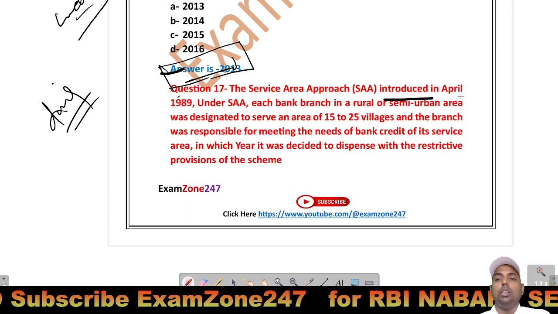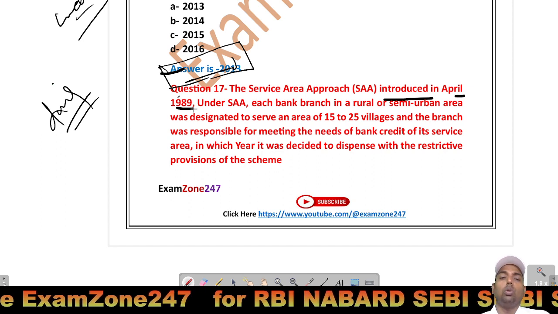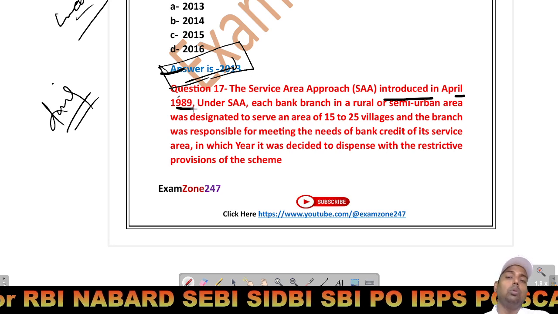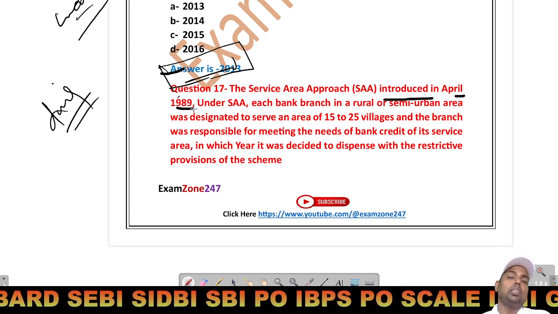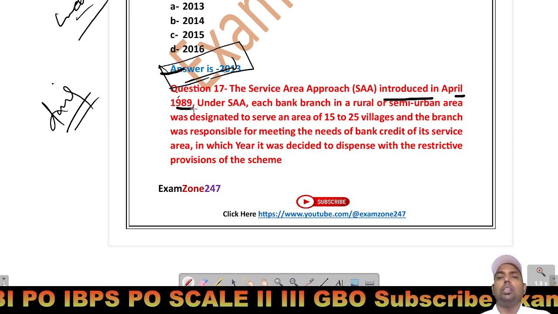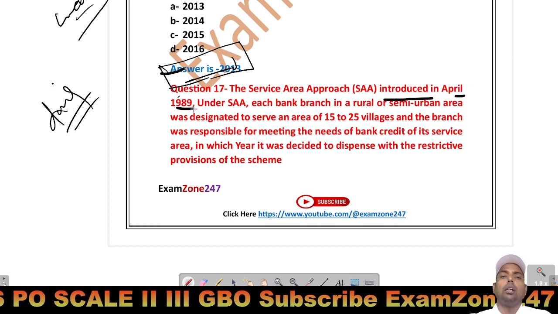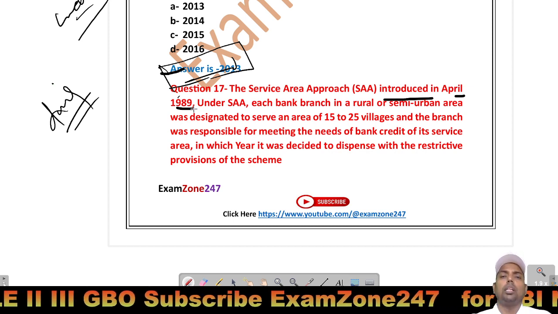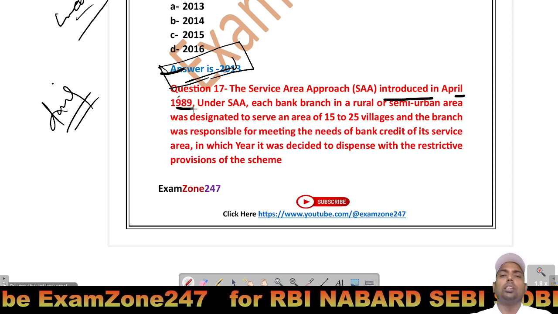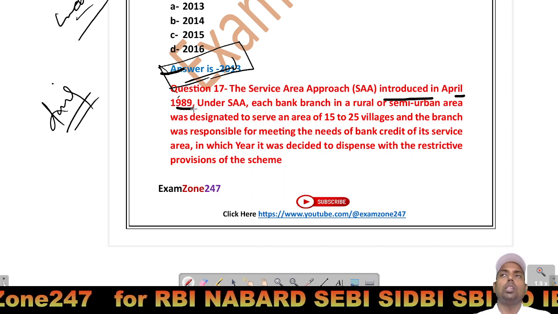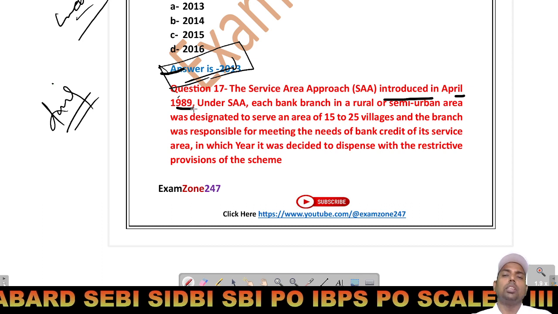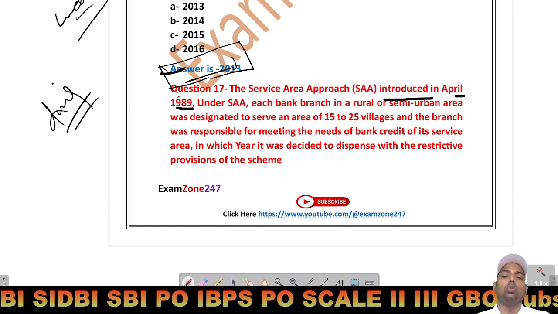Service area approach, in April 1989. Note that the service area approach is not there now. Anyone can take banking service wherever they want. In some cases, if you are posted near the last border in Maharashtra or Telangana, in rural areas you will find that some banks are still following their service area approach, saying this village is mine, I will be giving all services related to credit, deposit, account opening.